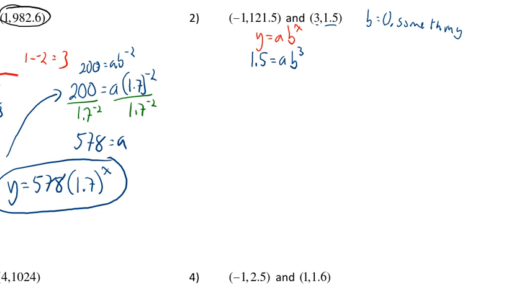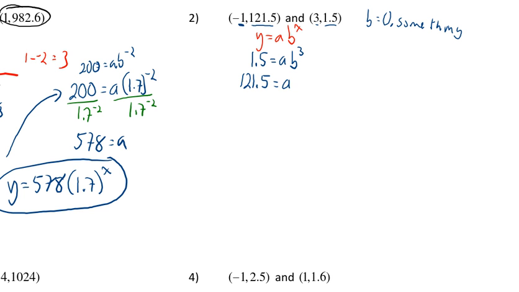All right. Once I've done that, now I'm going to take the other set of coordinates. I'm going to plug -1 for x and 121.5 for y. So 121.5 equals a times b, and now I'm plugging in -1 for x.